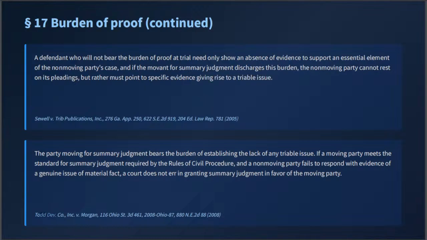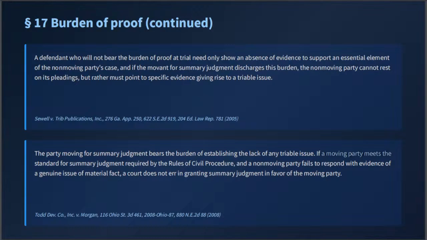Then we go to Todd Development Incorporated versus Morgan in Ohio, 2008. The party moving for summary judgment bears the burden of establishing the lack of any triable issue. So no facts to try.